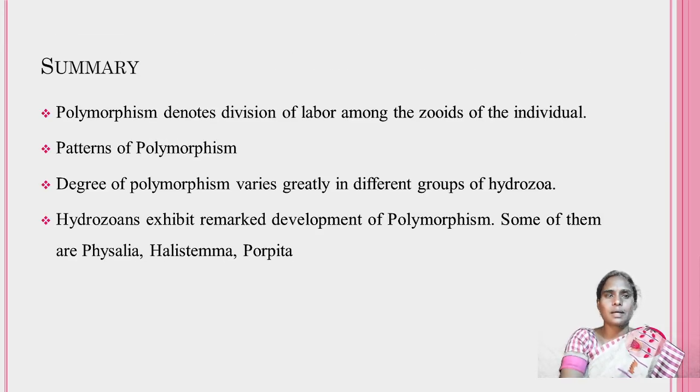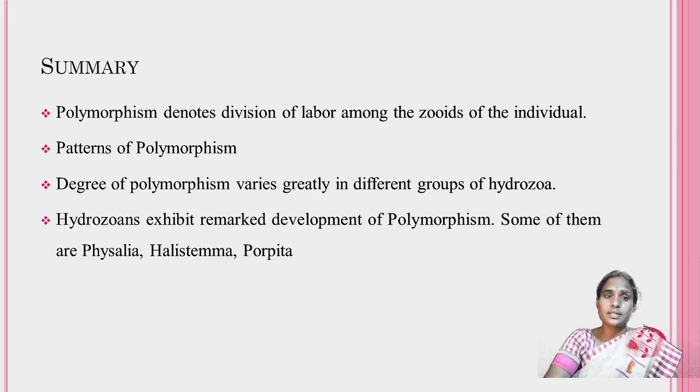Let us see the summary of this topic, polymorphism. Polymorphism denotes the division of labor among the zooids of an individual, and we can see various patterns of polymorphism like dimorphism, trimorphism and polymorphism, particularly in the Coelenterata phylum.